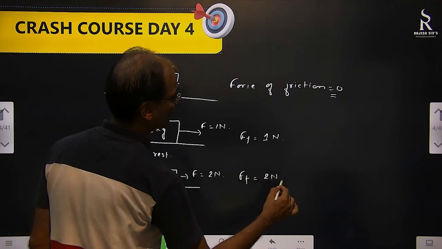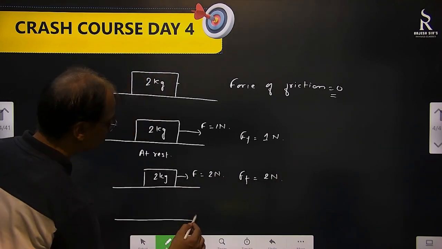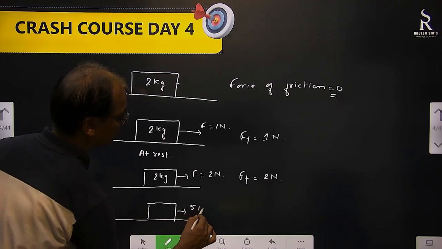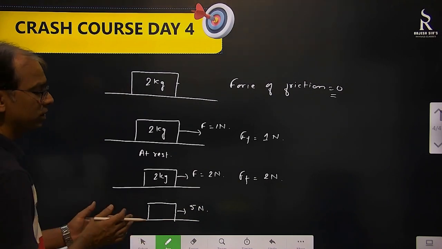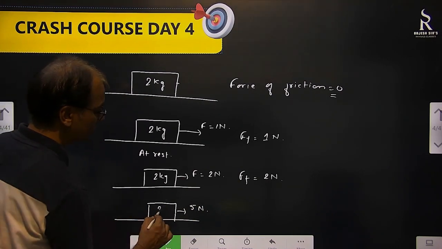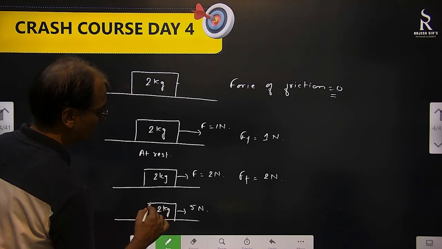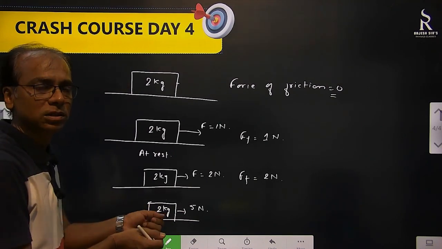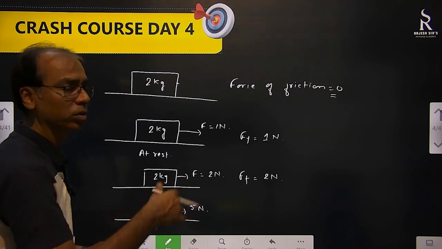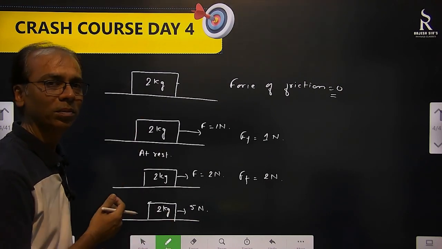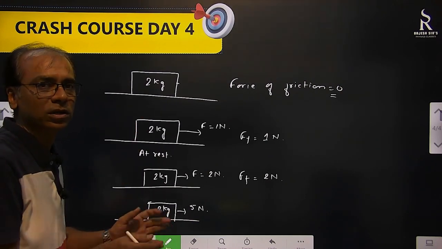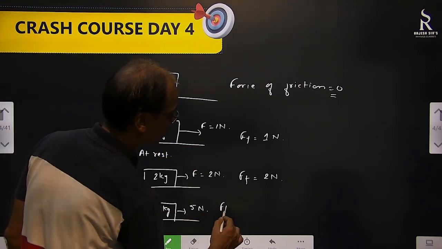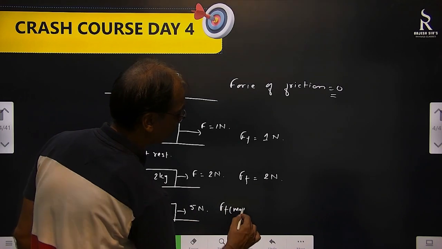And this kind of thing keeps happening, maybe till 5 Newton you apply. Now you apply 5 Newton, and what happens? This block is just able to move from its place. It's not that you can continuously move it, but at least you can displace it a little. So then we will say that the maximum value of force of friction is 5 Newton.